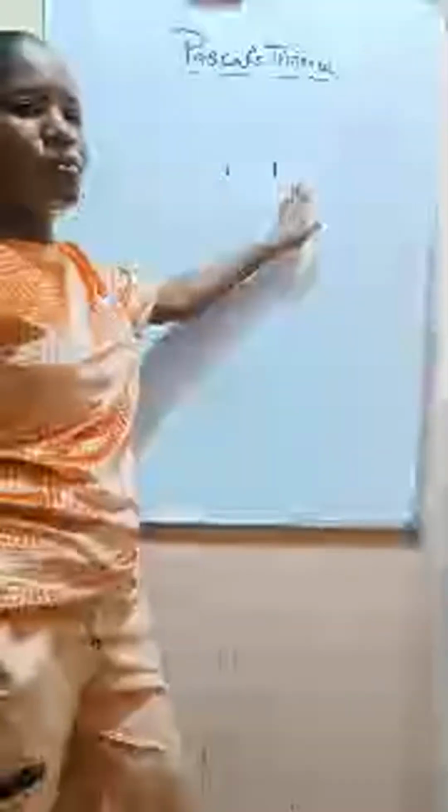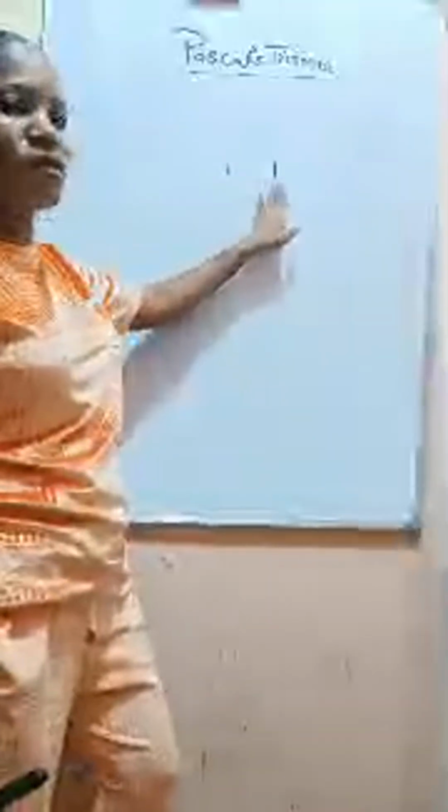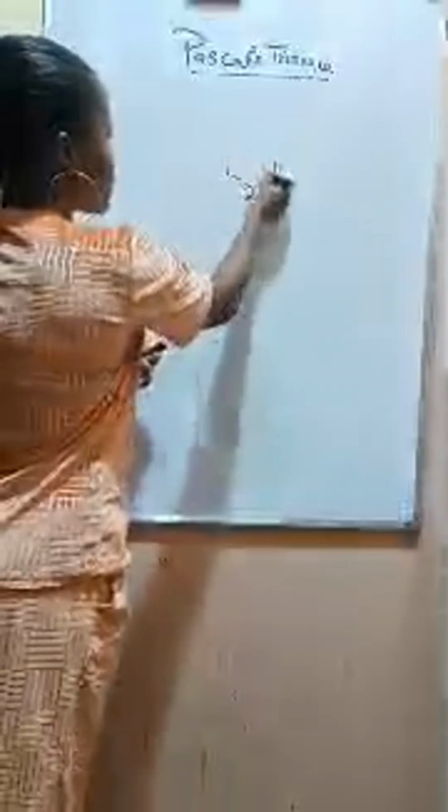Then you add this together. 1 plus 1 will give you 2. You are forming the third line now. These two numbers you added together, you are meant to write in their middle.